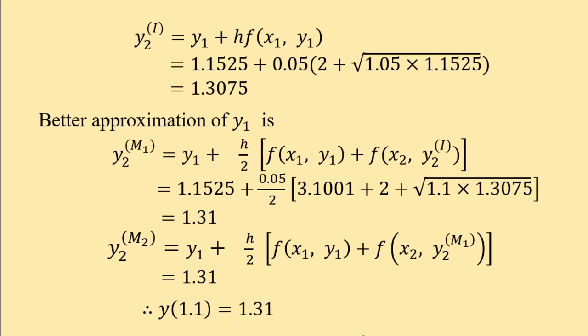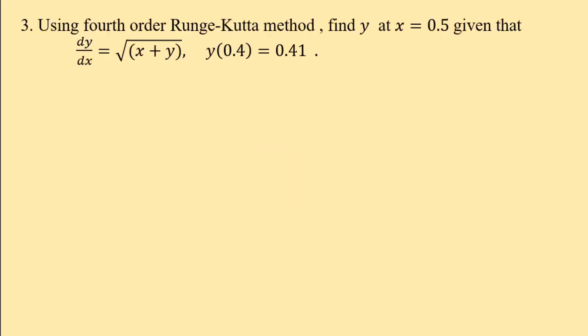This is how we can solve differential equations by the modified Euler's method. One more method is the Runge-Kutta method. In the fourth order Runge-Kutta method, we'll consider one example.